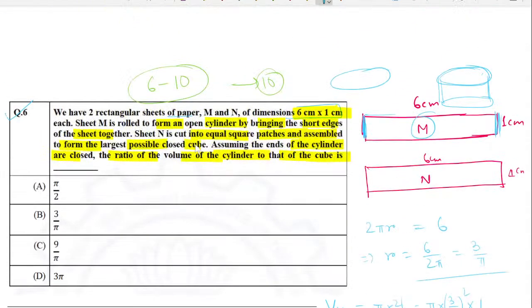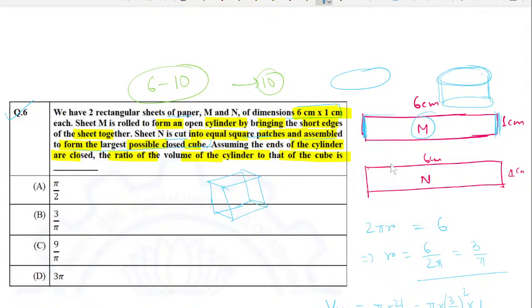Now the second case says that sheet N is cut into equal square patches and assembled to form the largest possible closed cube. Suppose this is the 6 cm by 1 cm sheet. We know that a cube has 6 faces, and each face has equal area.